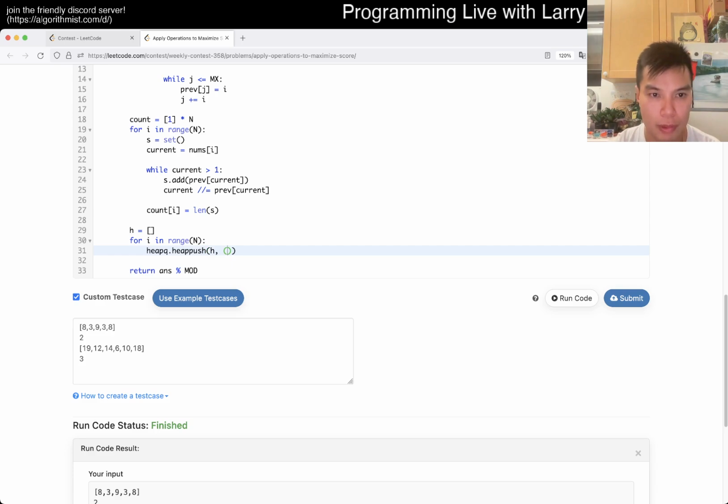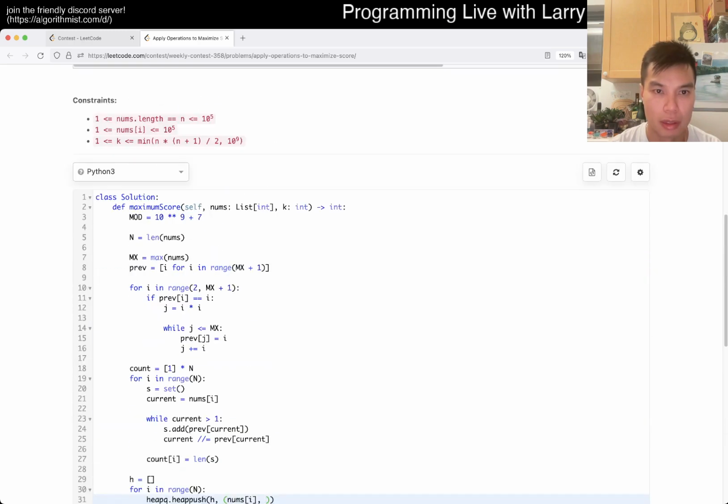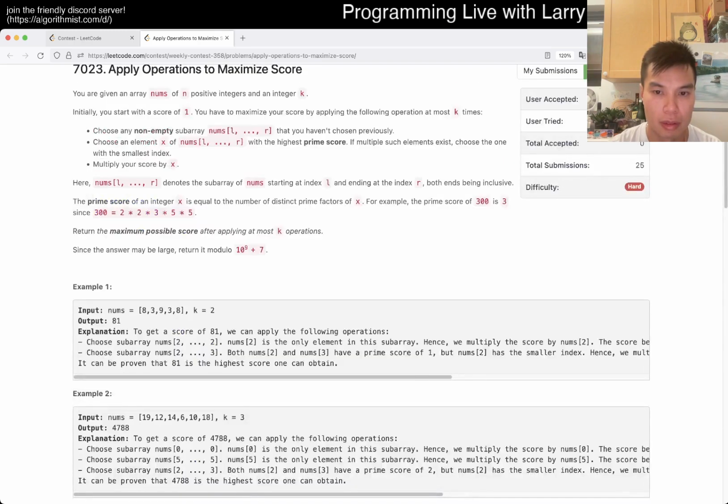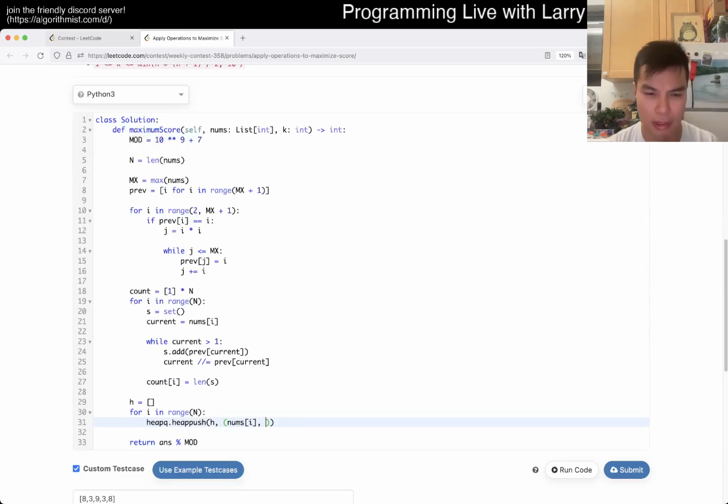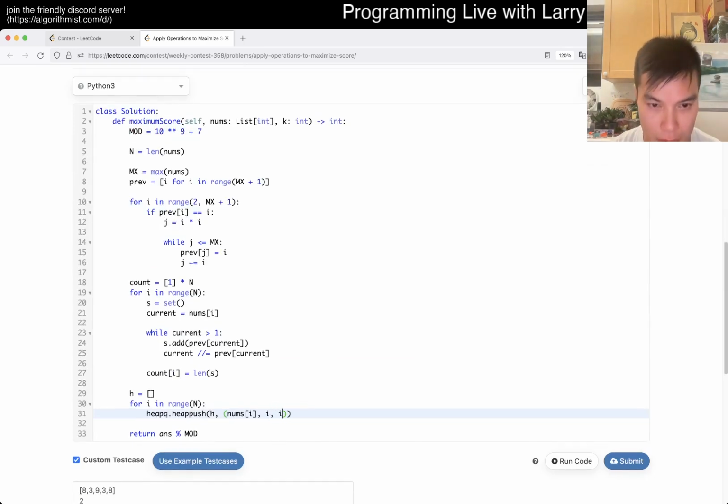The current number, which is num sub I. The distinctiveness. What does the distinctness matter? The distinctiveness doesn't matter, I don't think. Okay, fine. It only matters when you want to expand.